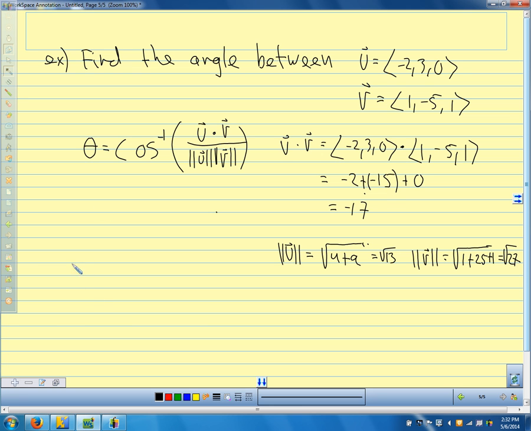So plugging this into our formula to find our angle, inverse cosine of negative 17 over the square root of 13 times the square root of 27. And I plug this into my calculator, find the inverse cosine of this quantity, and I get that my theta, my angle between these two vectors, is about 155.1 degrees.